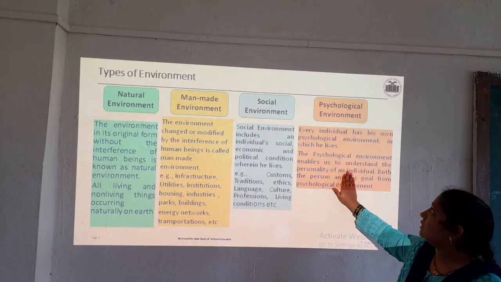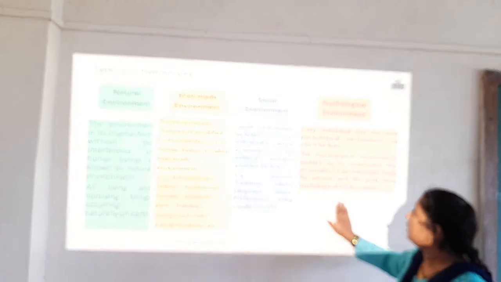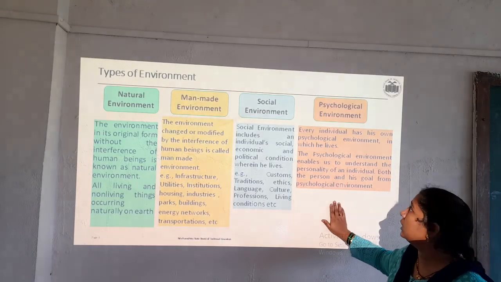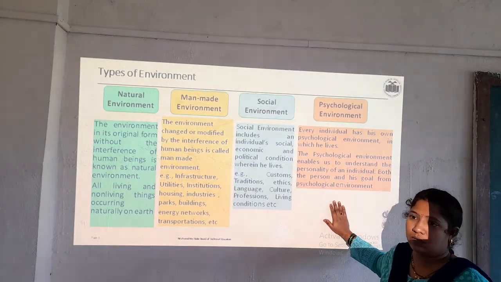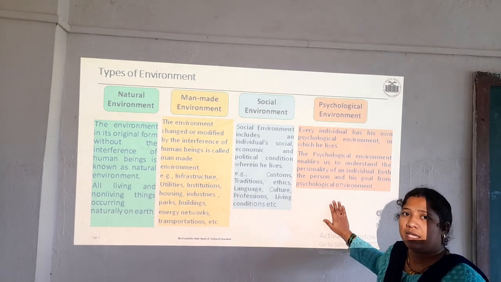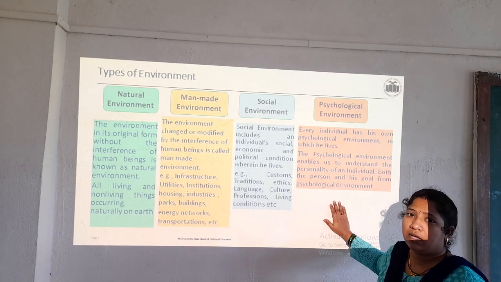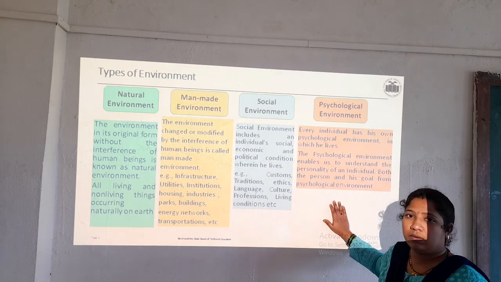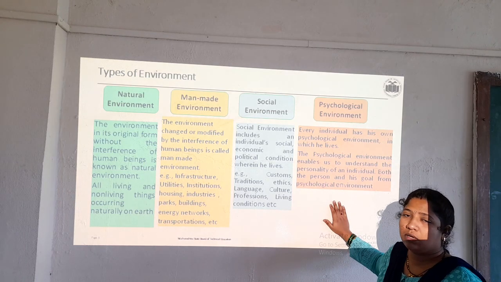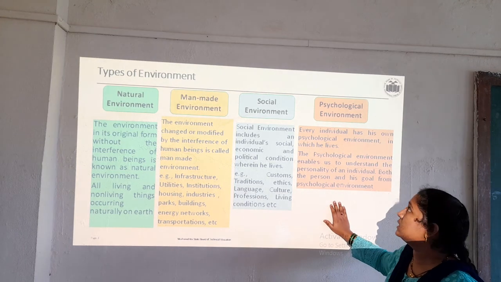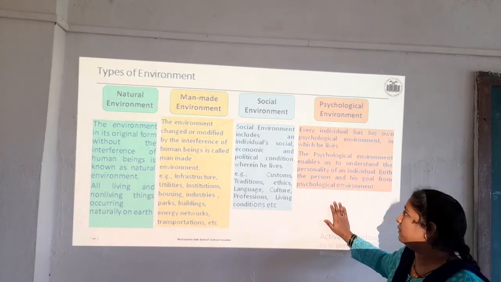Last one is the psychological environment. Every individual has his own psychological environment in which he lives. All persons have their own psychological environment, where they live and which ethics they follow. So this is called the psychological environment.